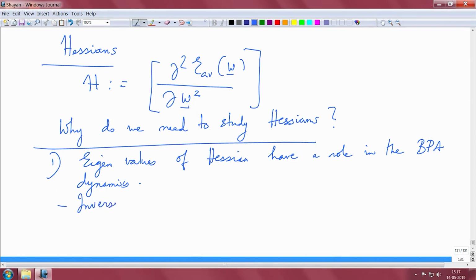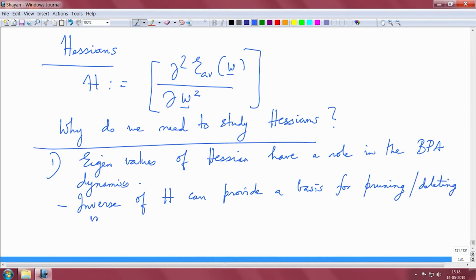Because inverse of the Hessian matrix can provide a basis for pruning or deleting insignificant weights.